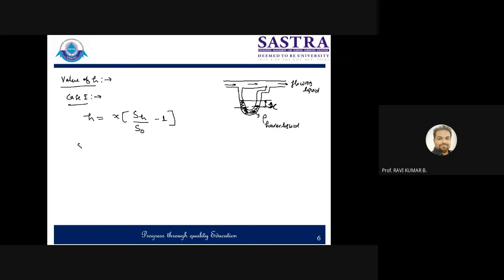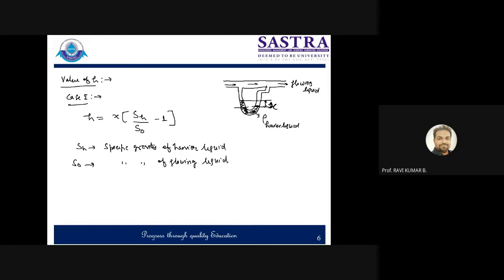So here, this is the specific gravity of the heavier liquid, and this S naught is the specific gravity of the flowing liquid.